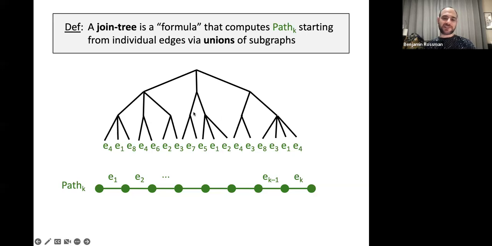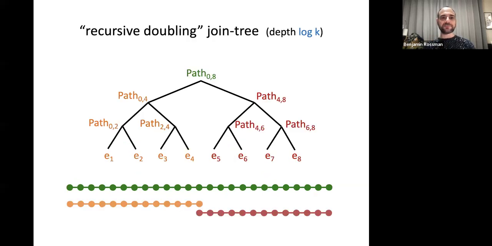So we can think of this as a formula whose gates are labeled by the union and whose leaves are single-edge subgraphs, and then the root is computing the path of length k. Equivalently, we have a rooted tree whose leaves are labeled by the edges of the path graph, where each edge occurs at least once, but possibly more than once.